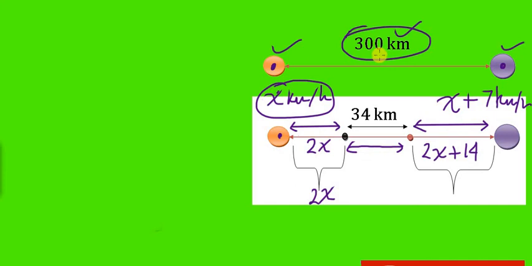We can also write it like this: 300 equals 2x, the distance covered by this motorcyclist, plus 34 kilometers, the distance between those two motorcycles, plus 2x plus 14, the distance covered by this motorcyclist. So let's write it down: 2x plus 34 plus 2x plus 14 equals 300.